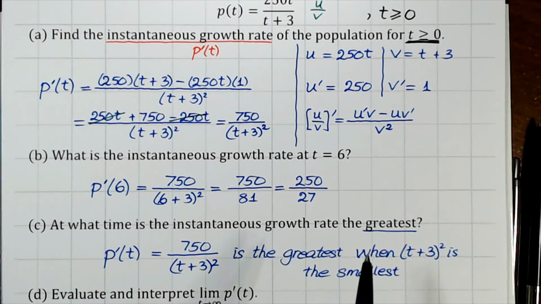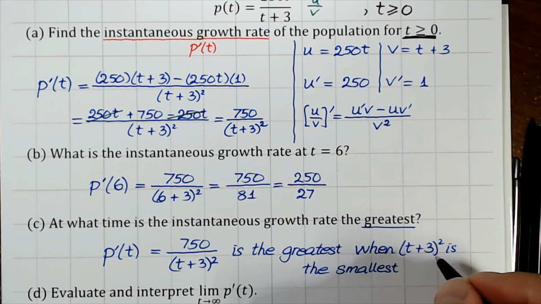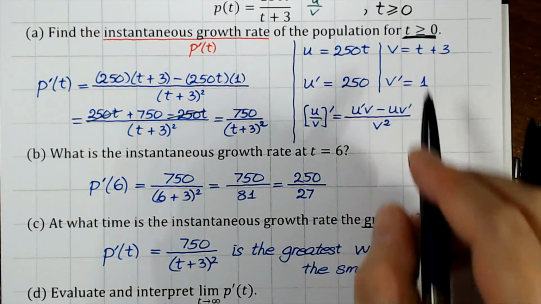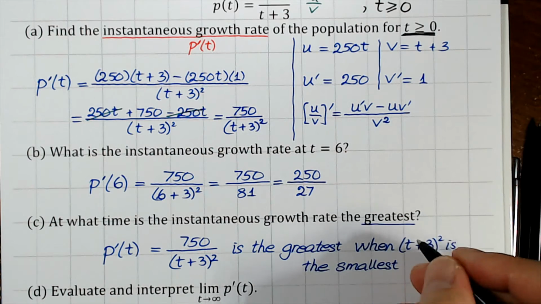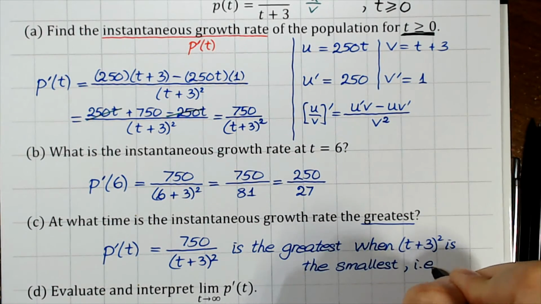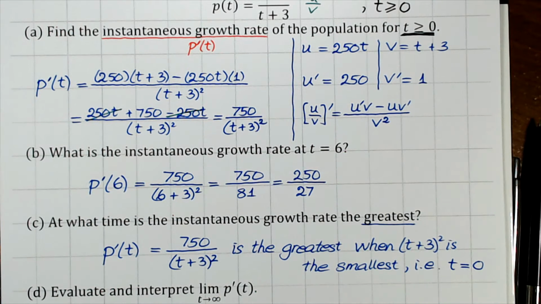And it has the smallest value when t equals 0, because t plus 3 squared just gets bigger and bigger, that is, when t equals 0.